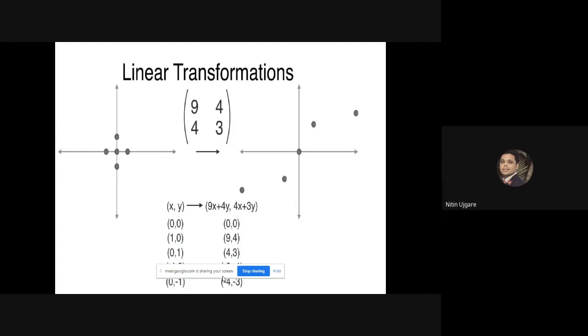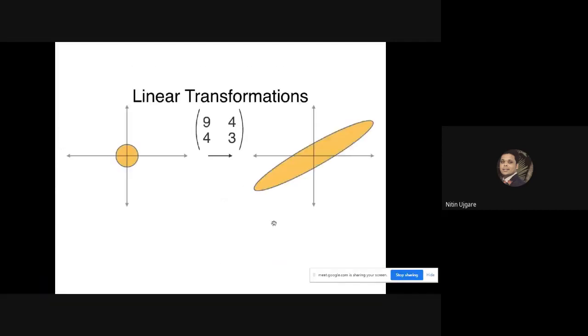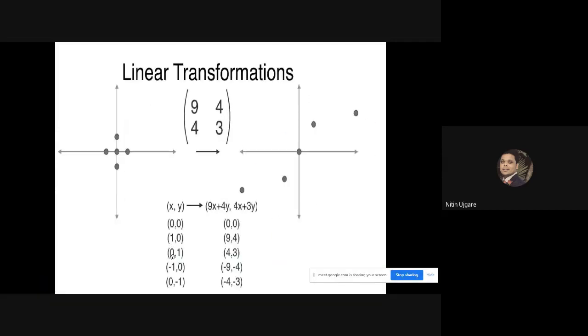Okay, so these are some other points that you can take: 0, 1, then -1, 0, and 0, -1. All these points have been transformed into this new hyperplane here. This 1, 0 is transformed here, then 0, 1 is transformed here somewhere.